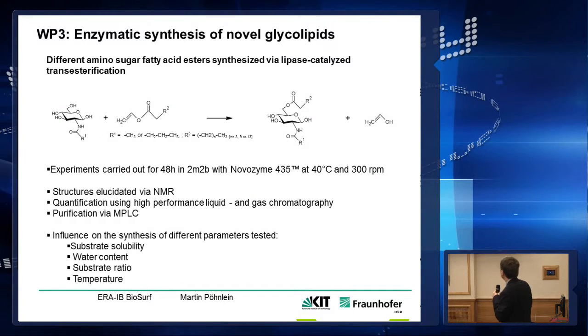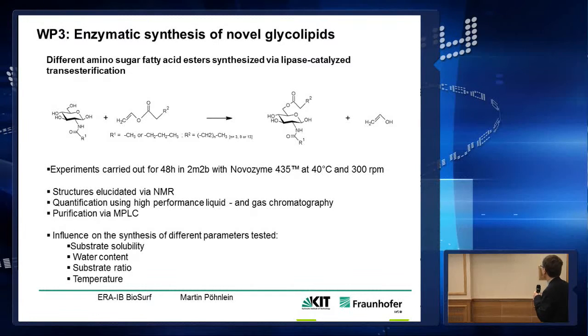Several completely new glycolipids were produced from enzymatic synthesis. They were all done via lipase catalyzed trans-esterification, the next ones at least. And here amino sugars were fused with fatty acids or esters of fatty acids. This is usually a lipase very closely related to Novozym 435.